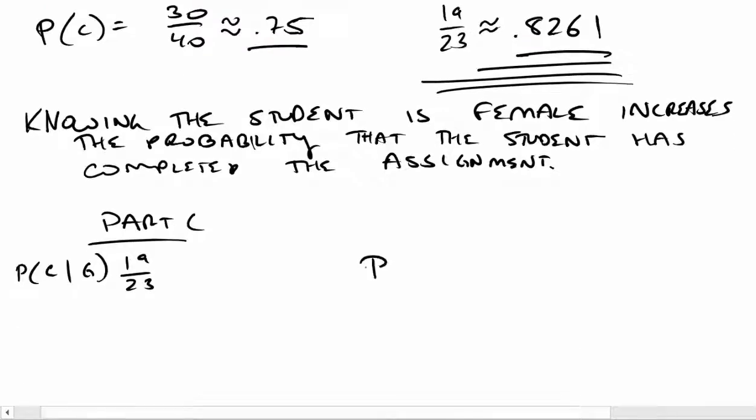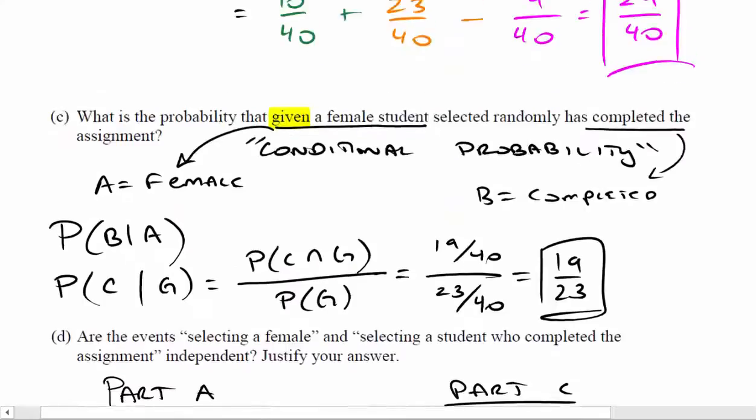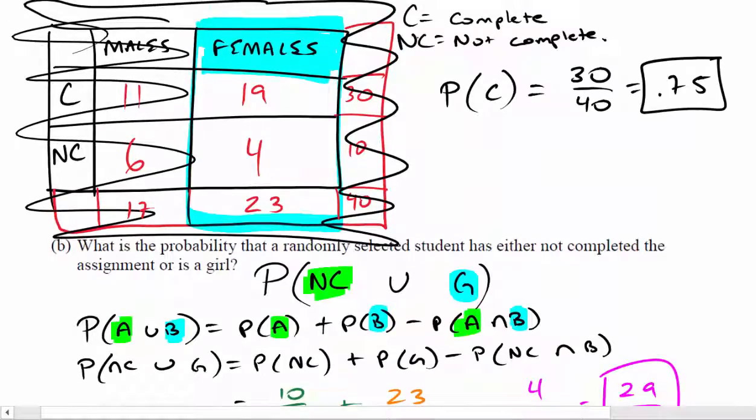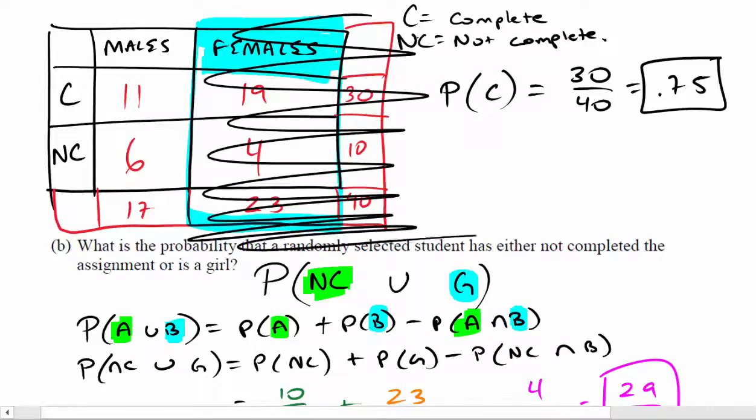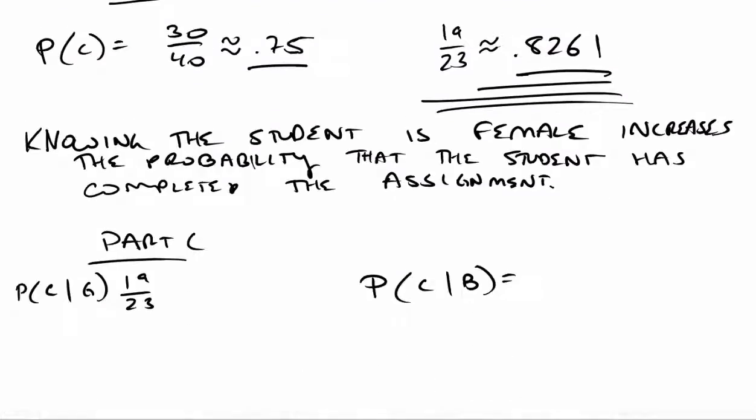We can compare this to the probability that a student has completed their assignment given that they're a male, a boy. So if we want to do that, we go back up to our table, get rid of all this and just focus on the males. Of those, 11 out of the 17 have completed the assignment. So this one would be 11 out of 17. We still know the other is 0.8261.